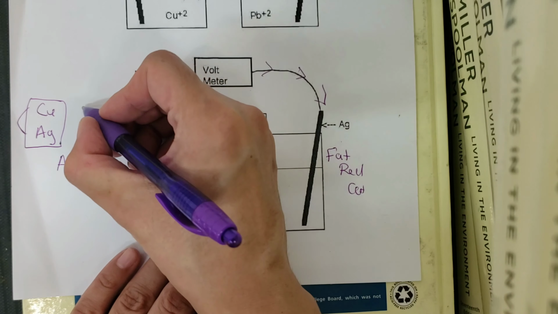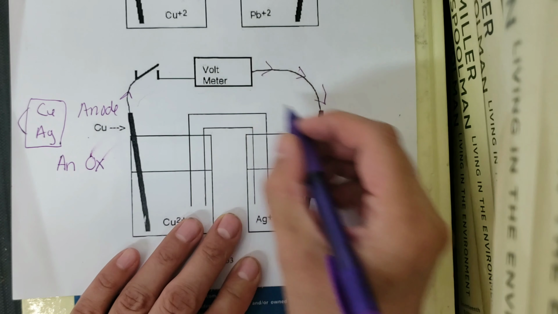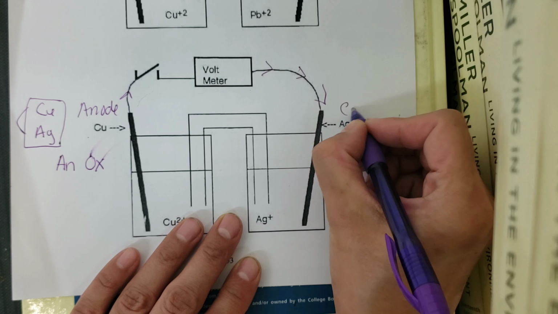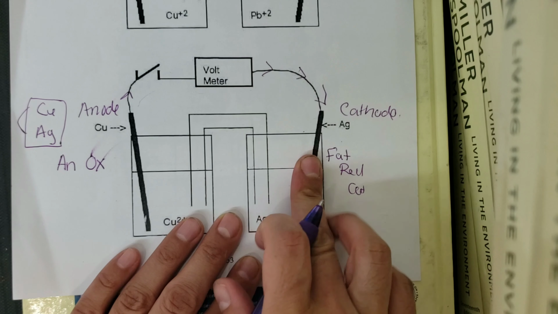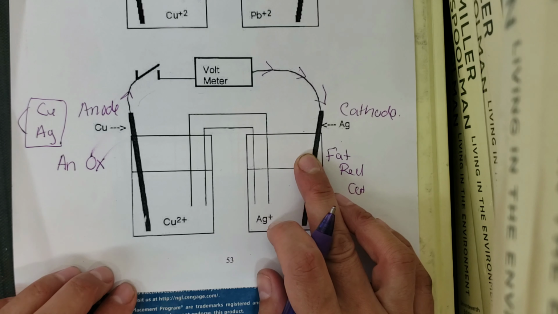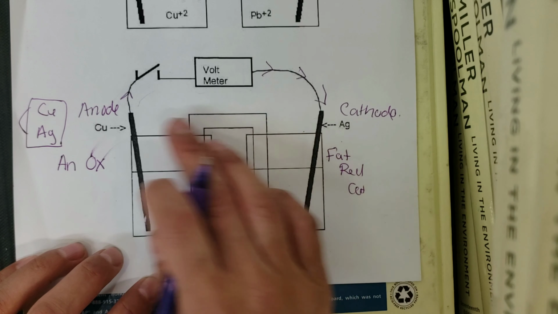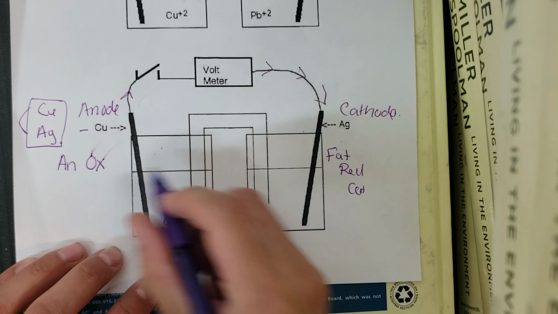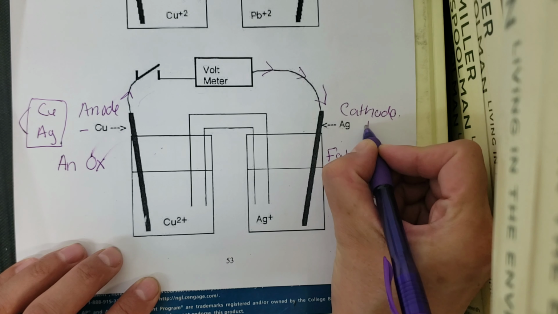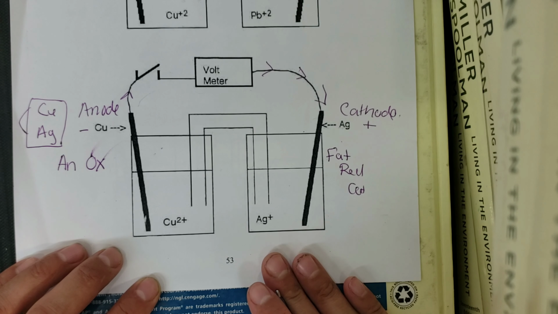So copper is my anode and silver is my cathode. And the electrons are going to flow through the wire in this direction. So in a Voltaic cell, the anode has the same charge as an anion, it's negative, and the cathode has the same charge as a cation, which is positive.